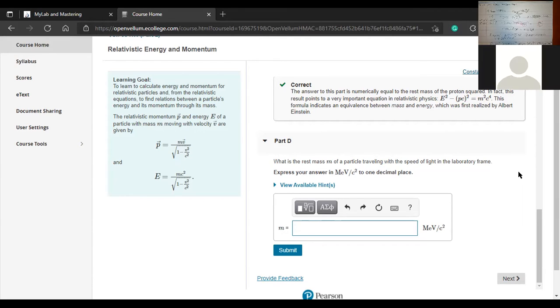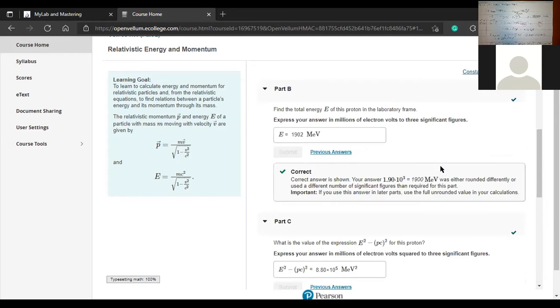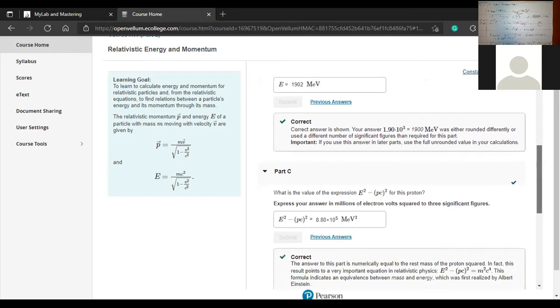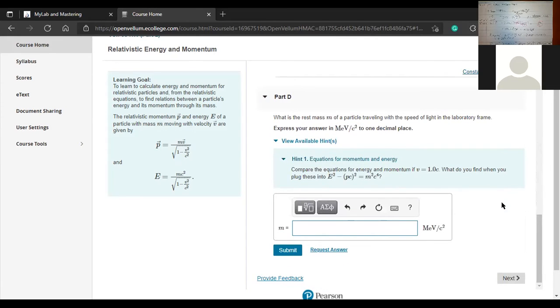I'm not sure why they're referencing the lab frame. My instinctive answer is that it should be 0. But I'm trying to see how to make sense of the lab frame part that they stuck in there.